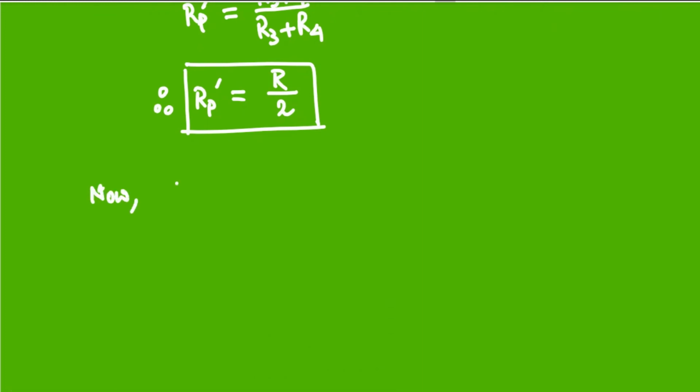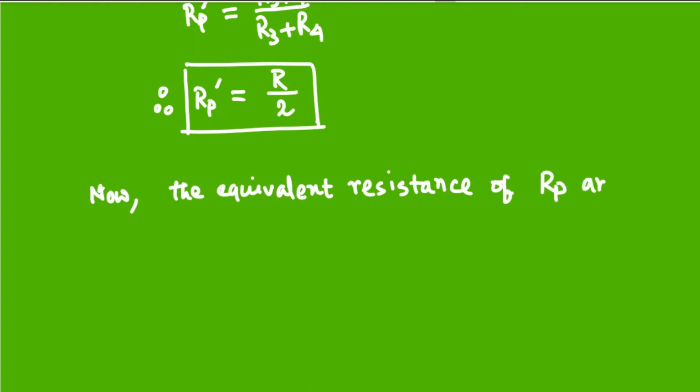Now, the equivalent resistance of Rp and Rp prime is given by Rs equal Rp plus Rp prime.